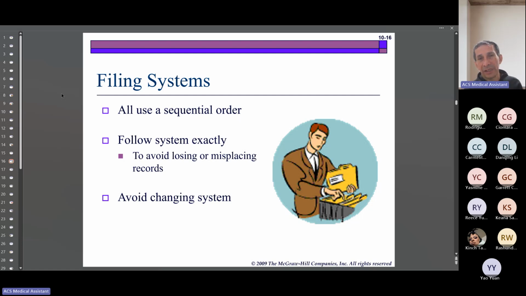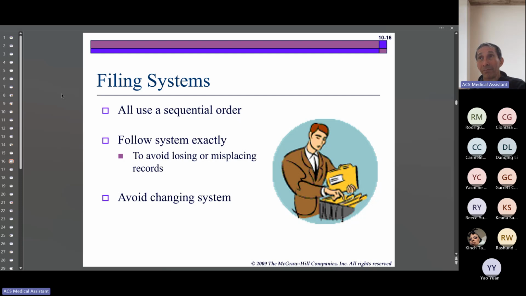So it can be in a sequential order. Can you imagine numbers, straight numbers? We start from 1 and then 2, 3, 4, 5. But we have to follow that order.